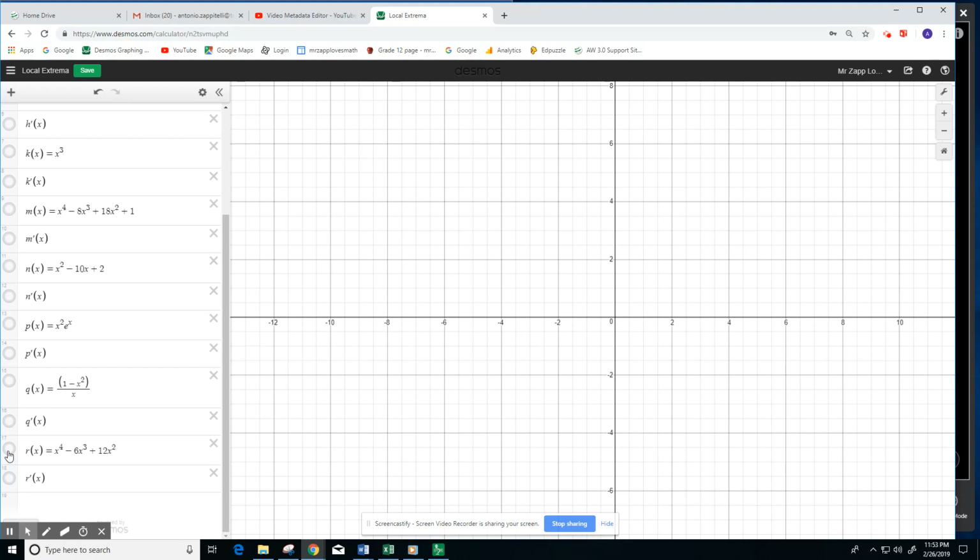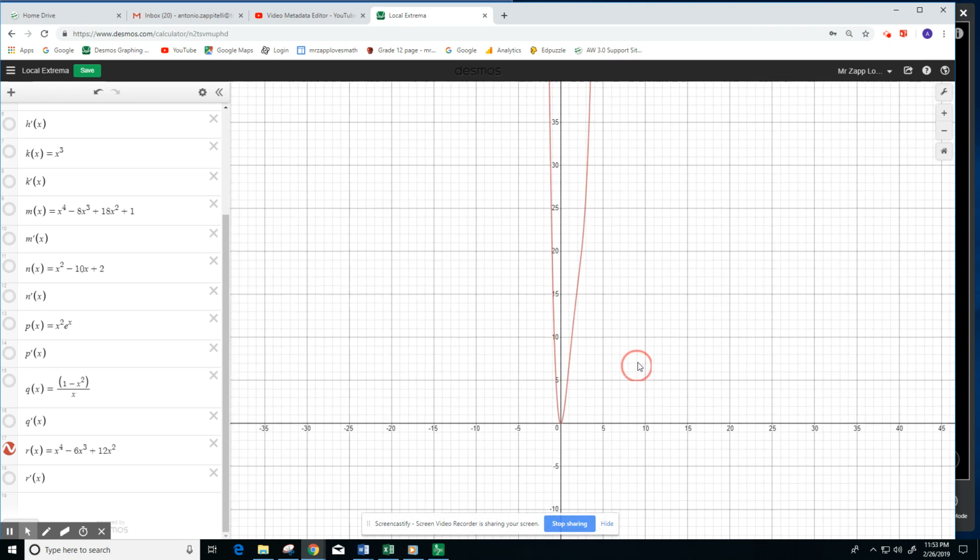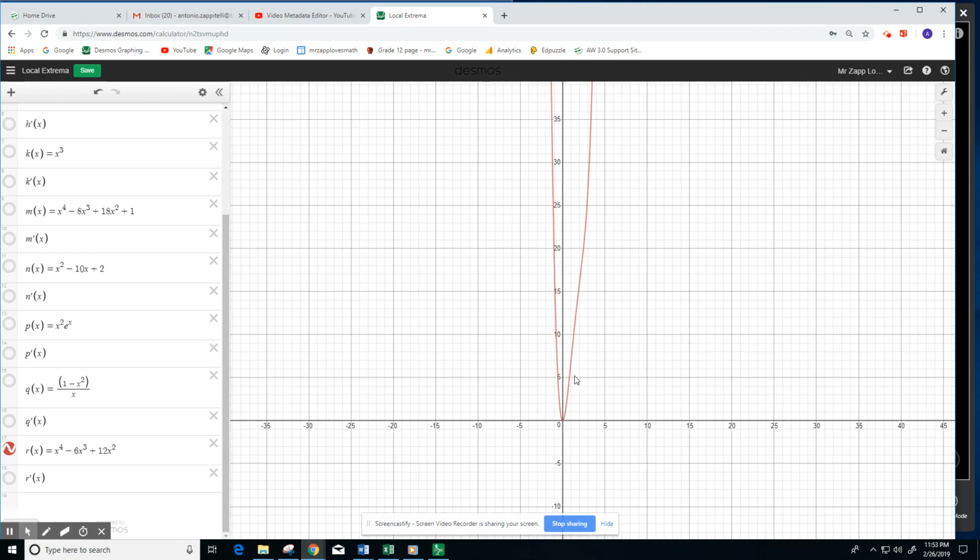So here we found only one local min. And when we draw it, okay, well, a bit tough to see. I think I'm going to change this a little, but definitely only one local min. And we see that the function only has an x-intercept at 0 and it crosses through.